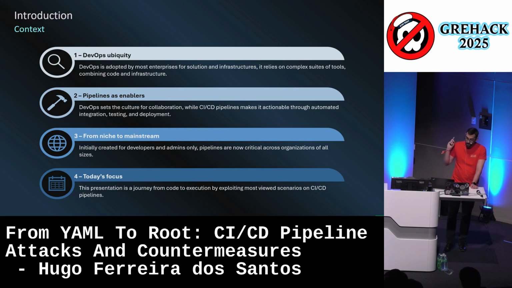Here we have the first difference between DevOps and the pipelines, where DevOps gives you the culture for collaboration: how you will work with your teammates, with all the developers, all the testers, etc. How do you manage your plan?